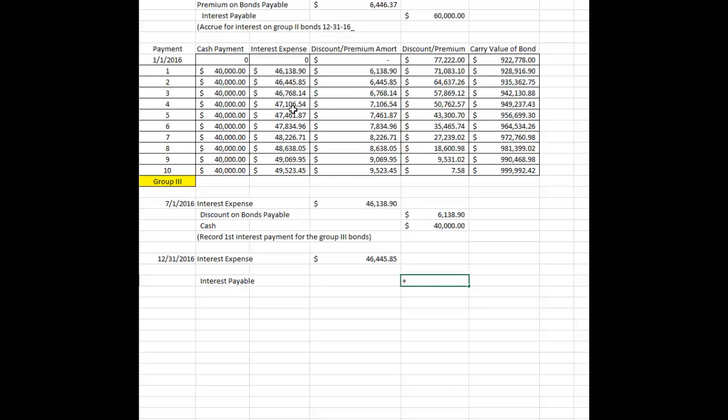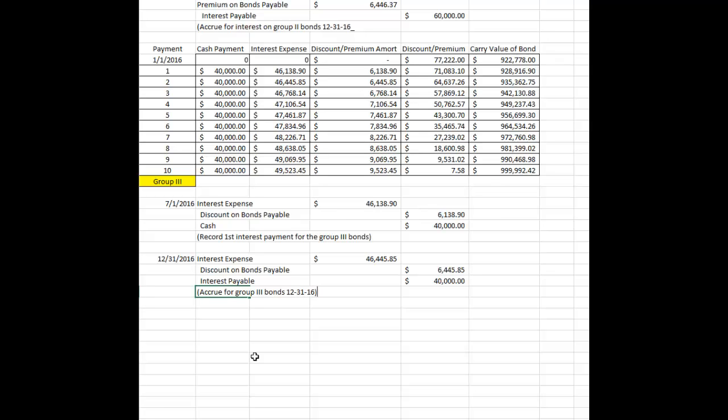And this time they're allowed to collect only 40,000. So the difference goes to the discount on bonds payable. And this is to accrue for Group 3 bonds, 12/31.